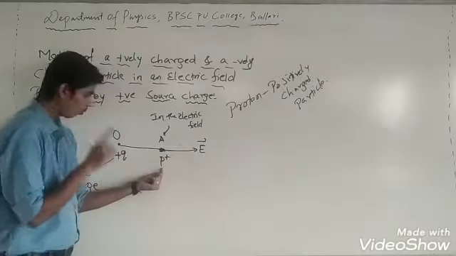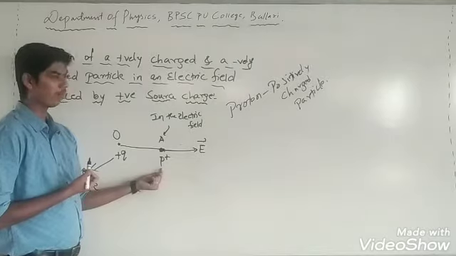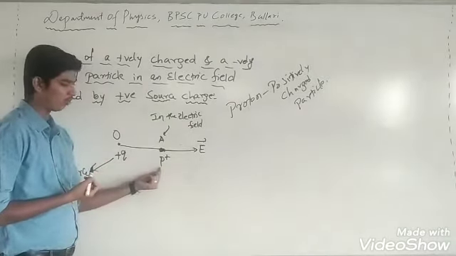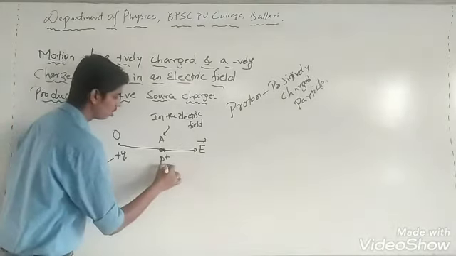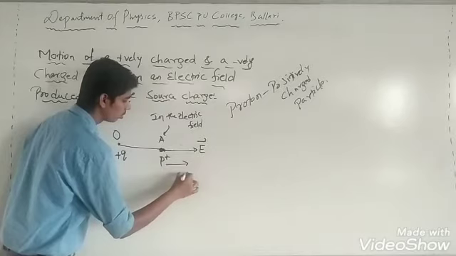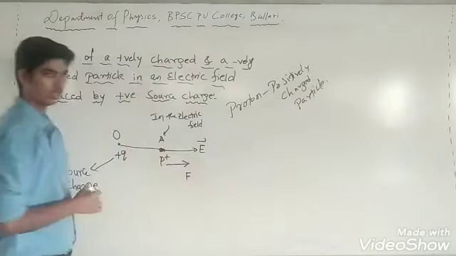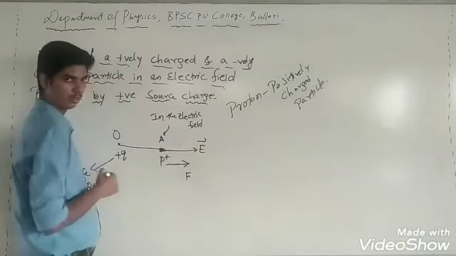Now I have placed a proton at point A. What should happen? This source charge will exert a force of repulsion on this proton. As a result, the proton moves in this direction. The proton moves away from point A.